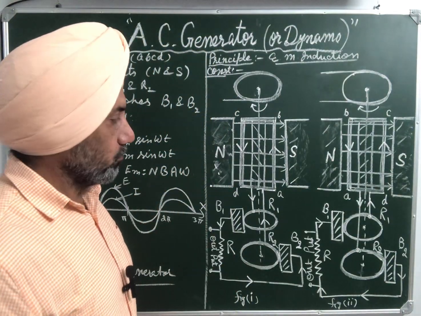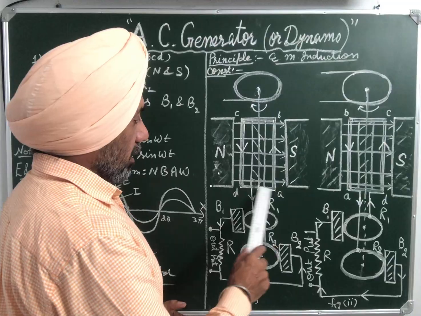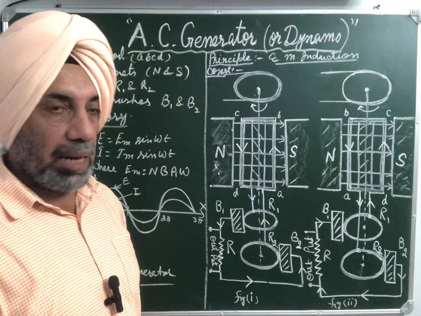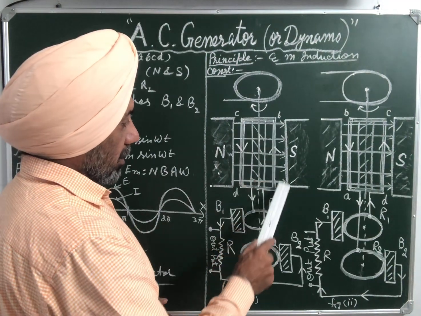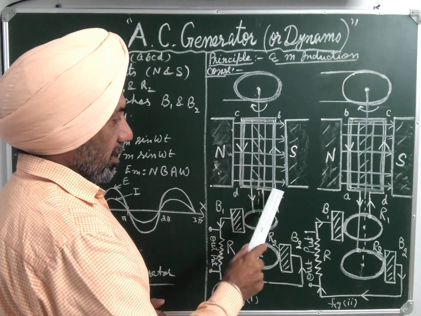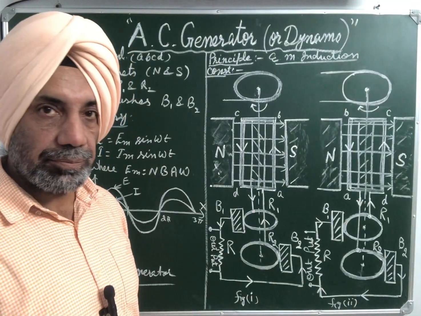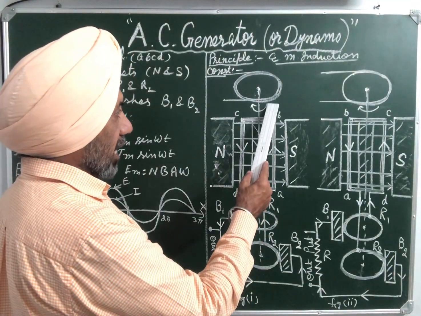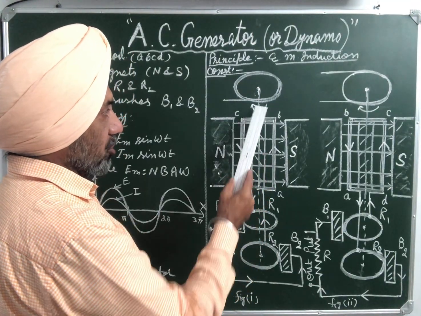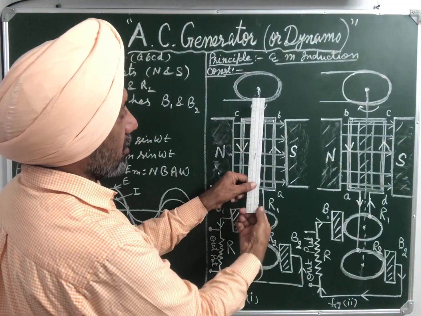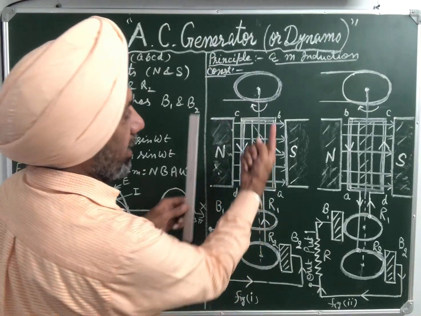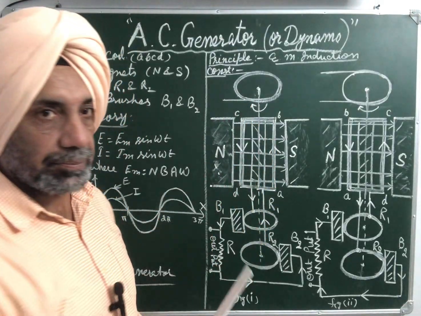Now, first of all, suppose coil is rotated with the help of this belt and pulley system, and coil lies in the plane of the board, and it starts rotating in the direction of arrow as shown in figure, that is in the anti-clockwise direction.